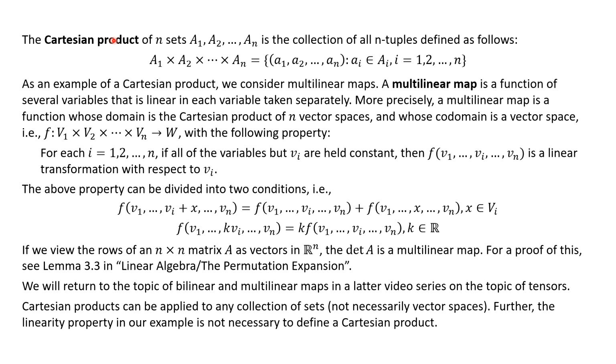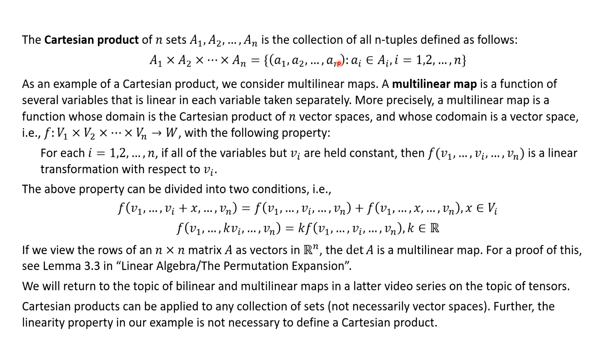I have a topic here that doesn't really fit with determinants, but I didn't want to have a separate video on just this one topic. It's only one slide long. So I stuck it in here. The Cartesian product of n sets, they don't need to be vector spaces, is defined to be the set of all n-tuples given by this expression here.